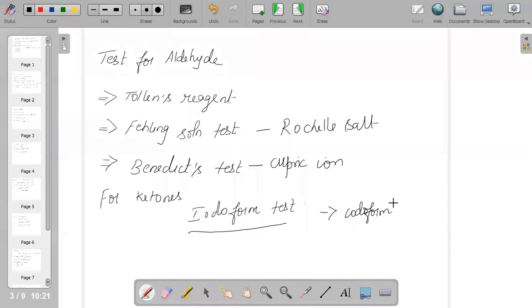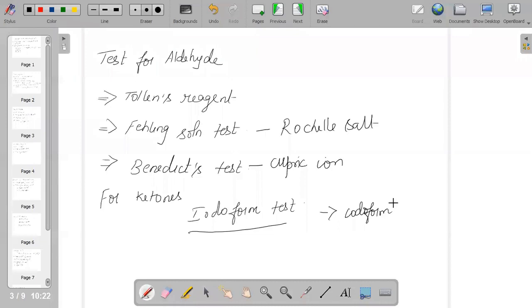It reacts with I2 in the presence of NaOH, and three hydrogens are substituted by iodine. Aldehydes do not give the iodoform test. Hence, it is important to know which tests aldehydes give but ketones do not, so we can use those methods to distinguish the aldehyde from the ketone.